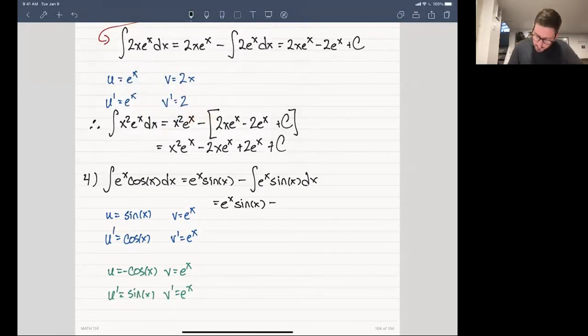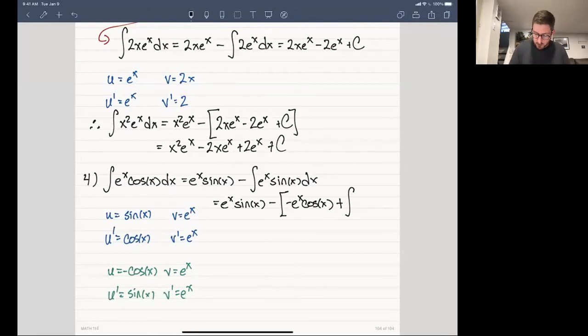Okay, so then the whole big indefinite integral, what does it become? Well, I get minus e to the x cos x, and then minus, in the indefinite integral here, you get a minus from the cos x that's going in there.